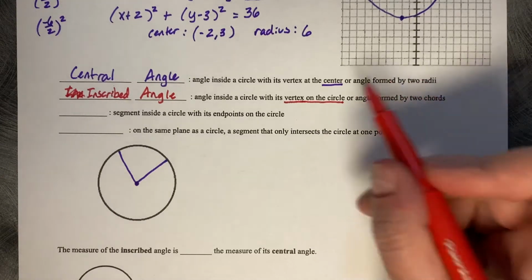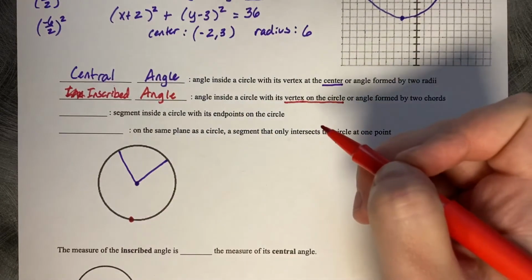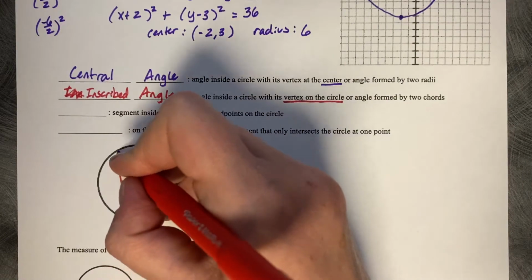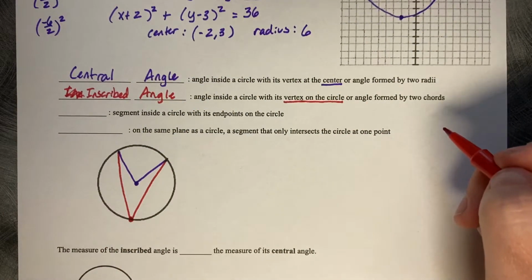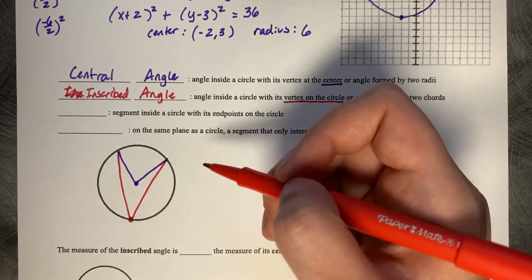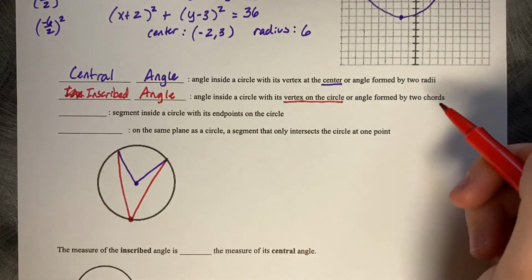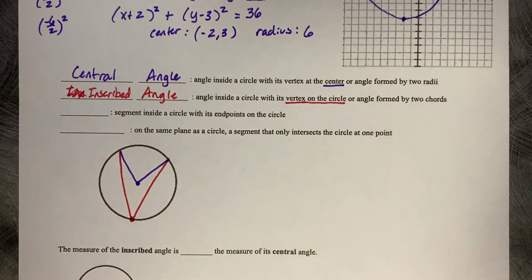So chords don't come from the center, so I'll just pick this edge, so it's on the circle. It can go to the same endpoints as your central angle, but the red angle there is called an inscribed angle. It can be much wider than that. It could be an obtuse inscribed angle, so it could just come really short right there. But as long as it's 2 chords, it creates an inscribed angle.